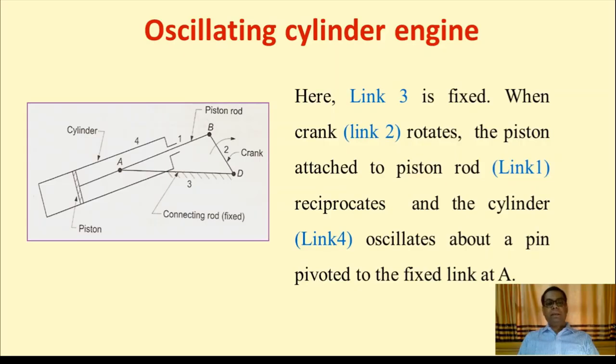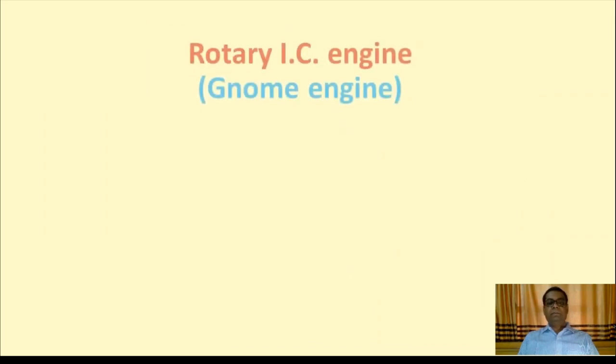When the crank, that is link 2 or BD, rotates, the piston attached to the piston rod, which is considered as link 1 or AB, reciprocates, and the cylinder, which is link 4, mind it, link 4, oscillates about a pin at point A, which is pivoted. Okay, so this is called the oscillating cylinder engine.